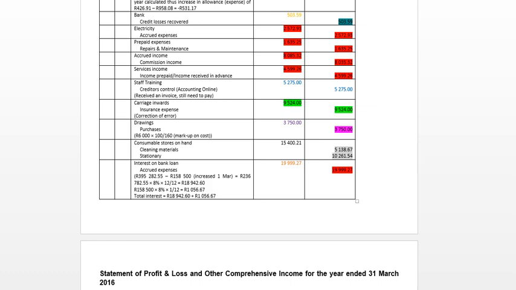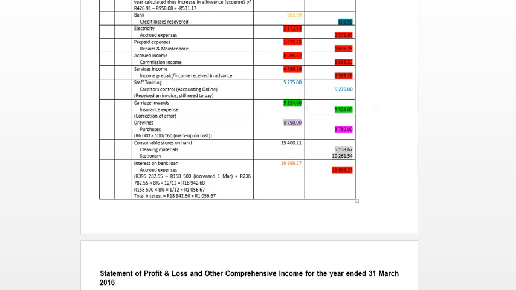So in order to get the cost price, we take the selling price of 6,000 Rand, multiply it by 100 and then divide by 160%. So the cost price of this inventory which the owner took is 3,750 Rand.